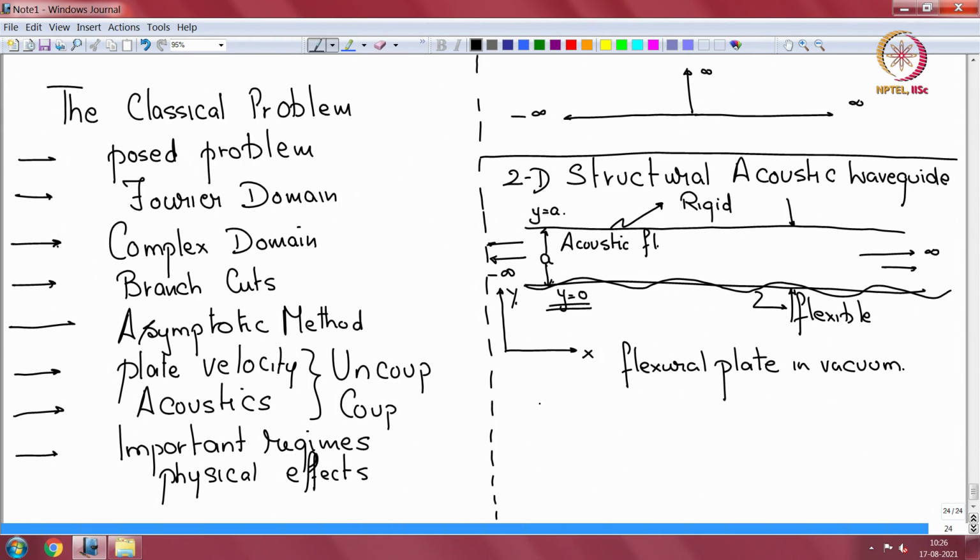On the other hand, if there was a rigid 2D rectangular duct, then you will have various waves propagating.